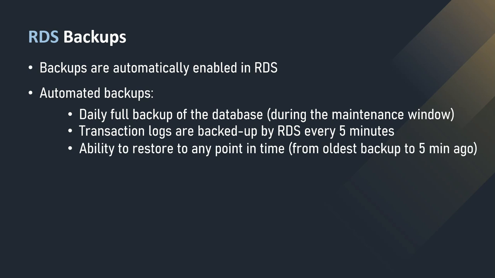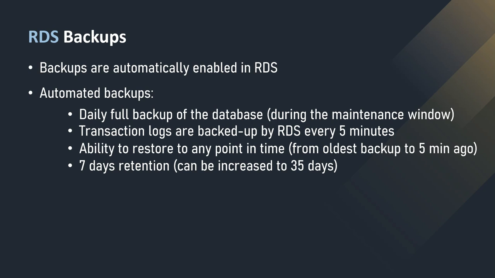These things together give you the ability to restore your database to any point in time, from the oldest backup all the way up to 5 minutes ago. There is a 7-day retention of these automated backups by default, but it can be increased to 35 days.